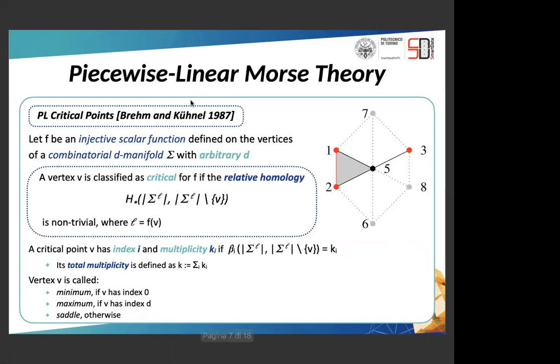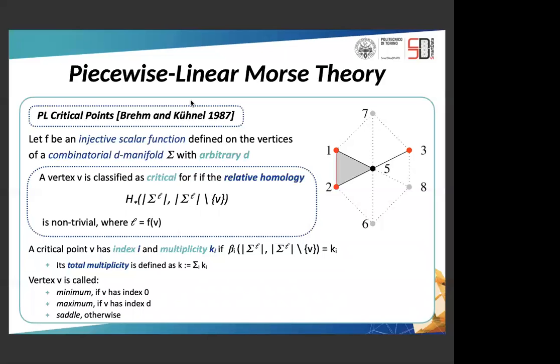In general, Bremen-Kuhnel define a different characterization for critical points in the framework of combinatorial manifolds of arbitrary dimension, and they characterize the criticality of a vertex in terms of the relative homology of a sublevel set with respect to the same sublevel set minus the considered vertex.